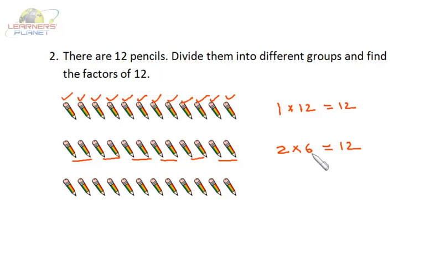That means 2 and 6, both of them are factors of 12. Okay, now let's take with 3. First, second, third, 4. That means 3 pencils to 4 kids. And I'm left with nothing. That means 3 and 4, both of them are factors of 12.